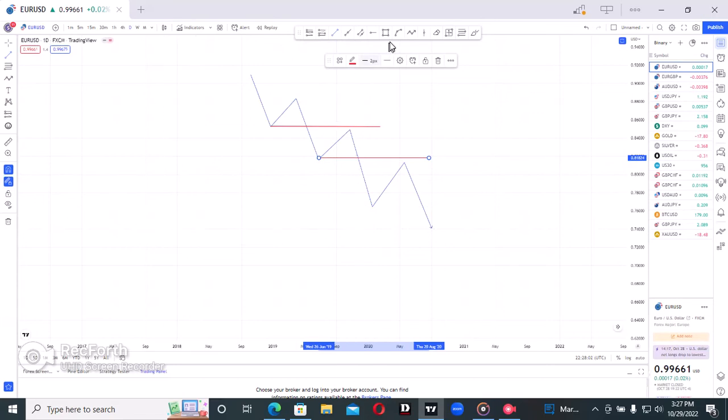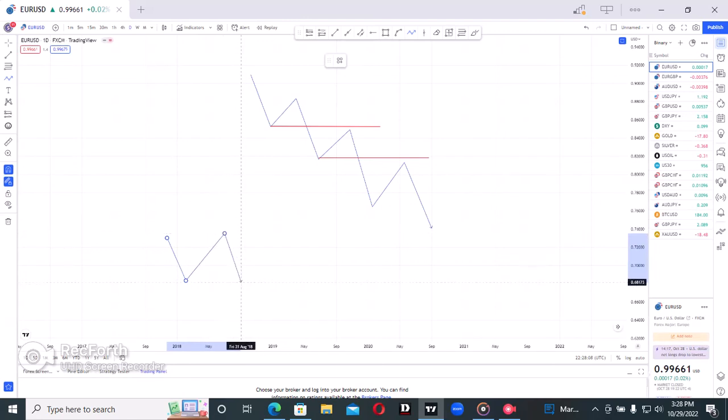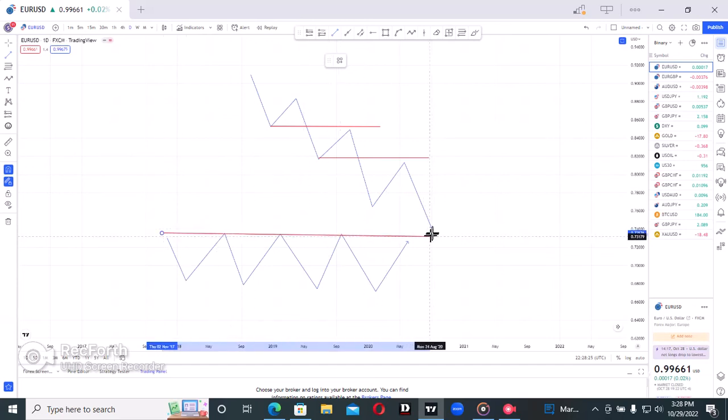As you can see right here, if the market is moving just like this, we're going to refer to this market as a sideways market or ranging market.